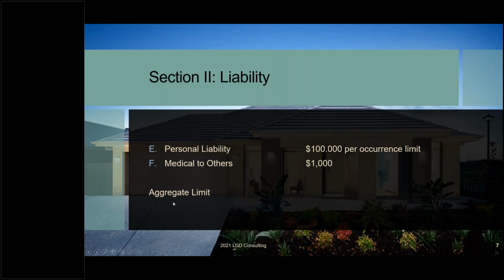Most of your policies, the general aggregate limit is double your per occurrence limit. So if this is a $100,000 per occurrence limit for personal liability under this home policy, your aggregate limit will be $200,000. So you're allowed basically 2 full-size liability claims during this policy period.